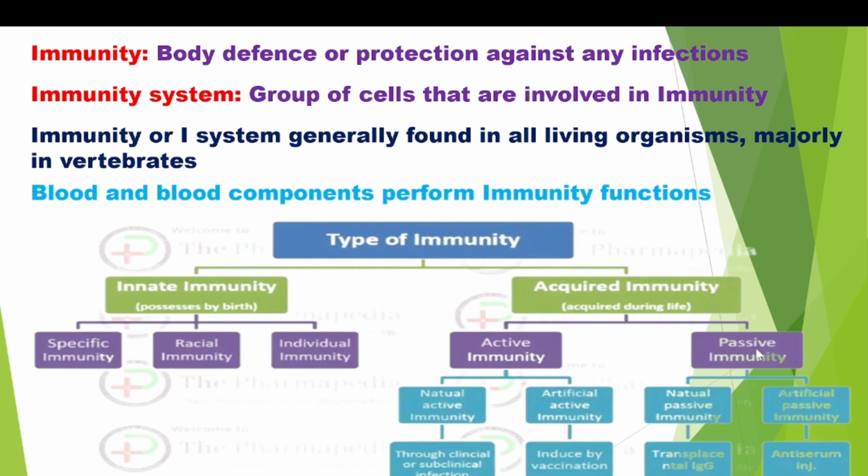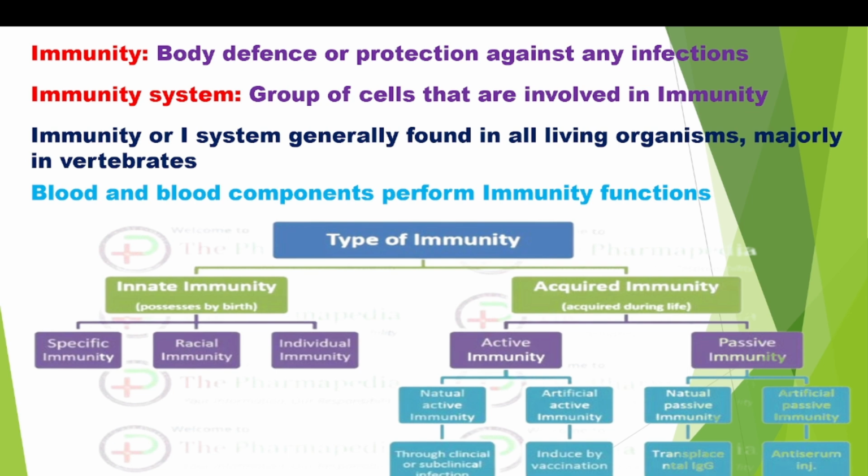Another one is passive immunity. Passive is again of two types: natural passive immunity and artificial passive immunity. Natural passive immunity is transplacental IgG. For example, when the baby is in the mother's womb, IgG is transferred from mother to baby through the placenta.